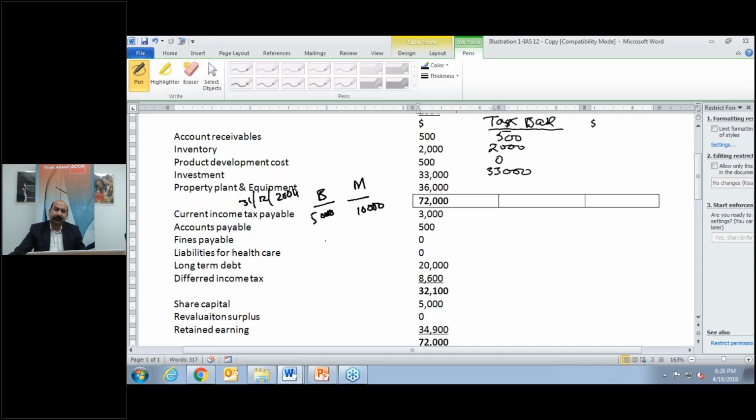On the same date, the accumulated tax depreciation is provided as 40,000, and for motor vehicle it is given as 5,000. So this will give us net book value from tax point of view 10,000, and here the net book value will be 5,000. When we add up, this will give us the tax base for property, plant and equipment.